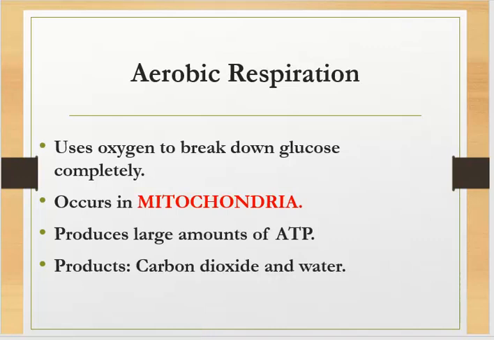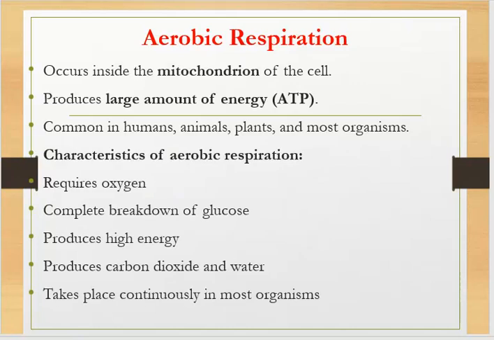Aerobic respiration occurs inside the mitochondria of the cell and produces a large amount of energy, ATP, common in humans, animals, plants, and most organisms. Characteristics of aerobic respiration: requires oxygen, completely breaks down glucose, produces high energy, produces carbon dioxide and water, and takes place continuously in most organisms.